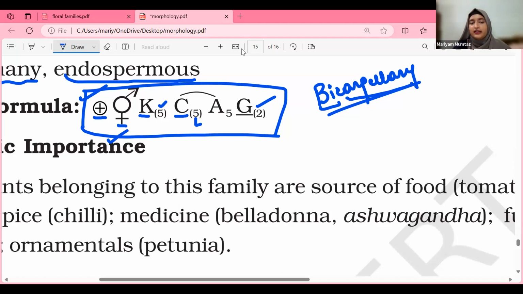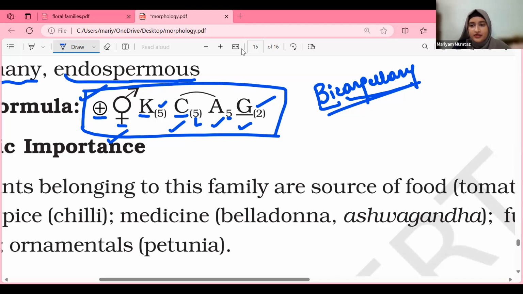Then the corolla is 5 and that's also fused. And the number of androecium is 5 and it is epipetalous. Is it fused or not? It is not. And what about the gynoecium? It is superior and it is bicarpellary.